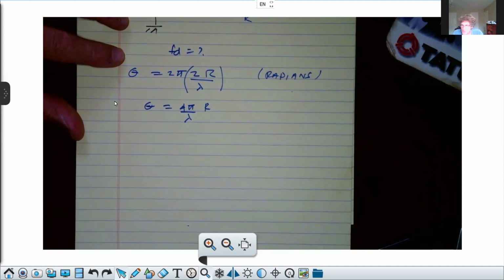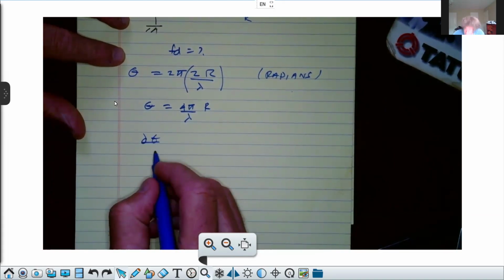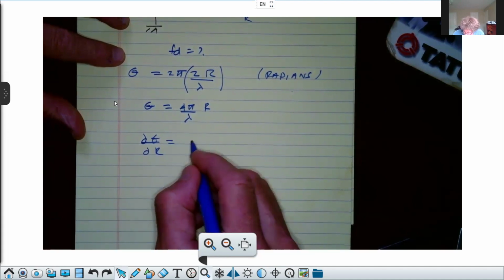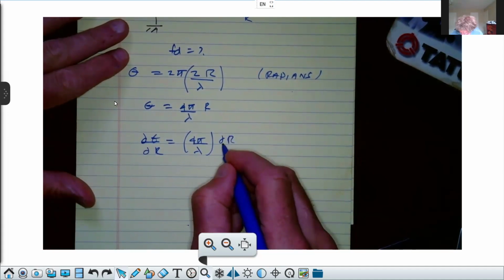And here's where the Doppler shift comes in for the non-relativistic assumptions. If you take the derivative of the number of radians with respect to the distance r, you get 4 pi over lambda. Lambda is the free space wavelength. And then you get dr/dt.